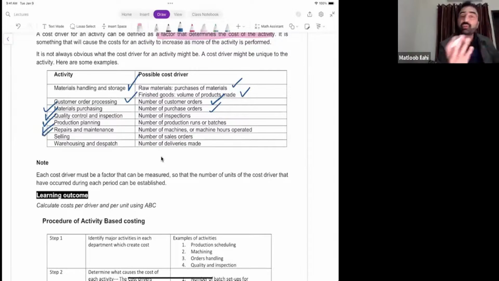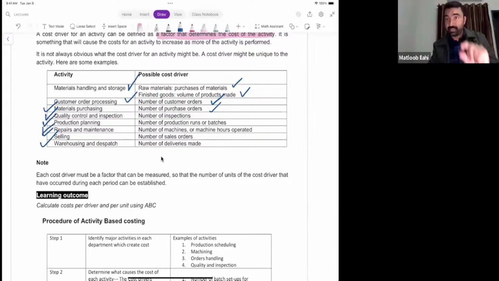Selling, what should be its driver? Number of sale orders. Warehouse and dispatch, what should be its driver? Number of deliveries made. If you look at this, it is simple and easy to understand. Every activity has a driver.